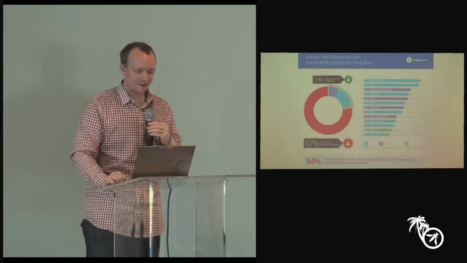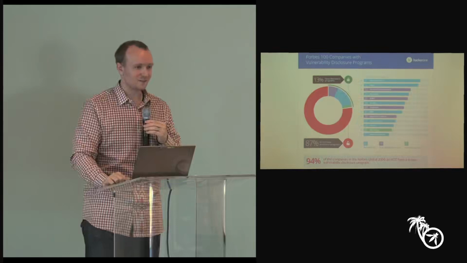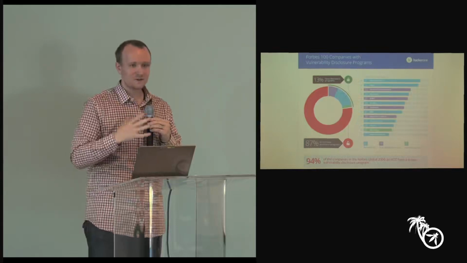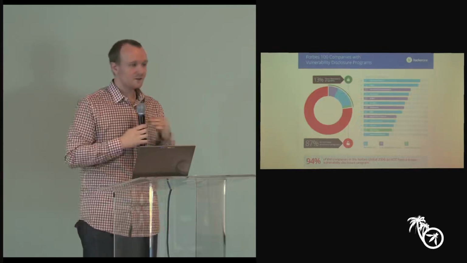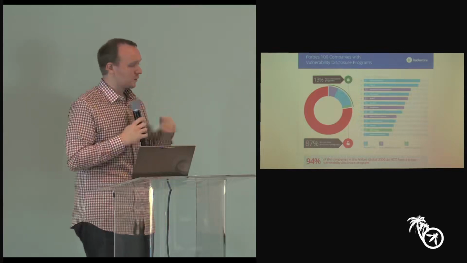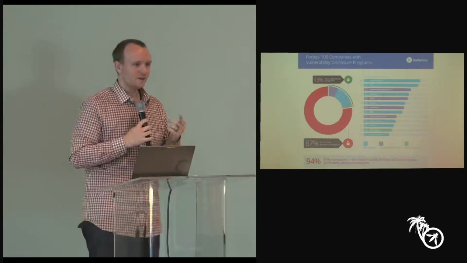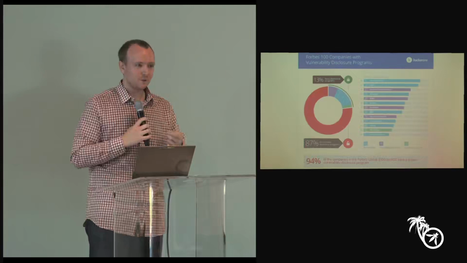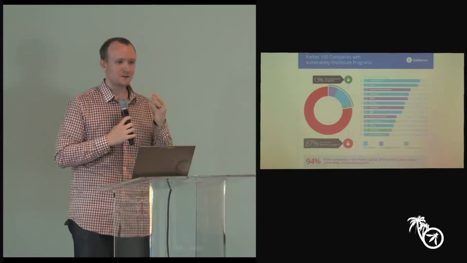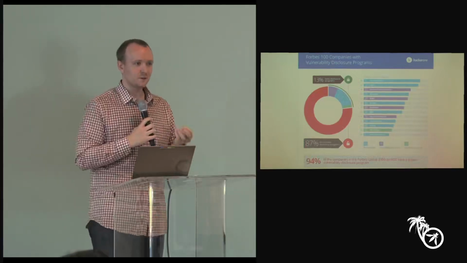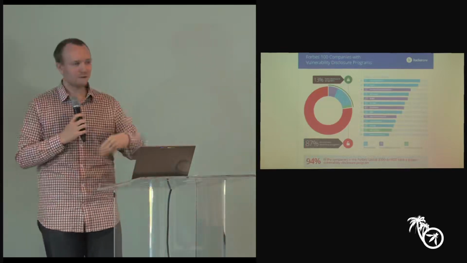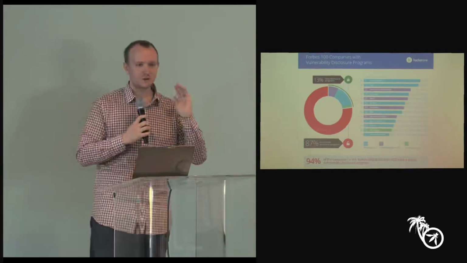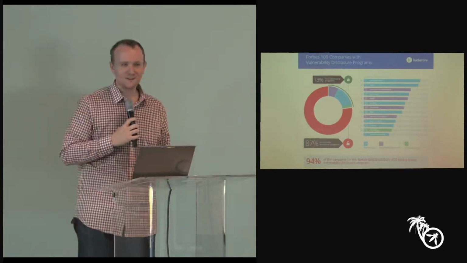And I'm going to hit on this a little bit more because it is kind of shocking to me the state that the internet is in right now. We did a survey of the Forbes Global 2000 over the summer, hiring people using Mechanical Turk, using multiple consulting firms, trying to answer the question, if you had a vulnerability in this domain, could you find a place to send it to?